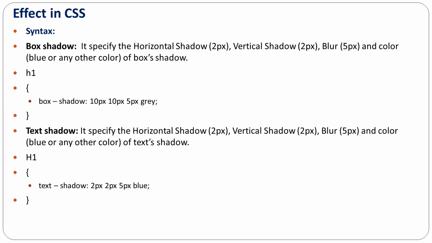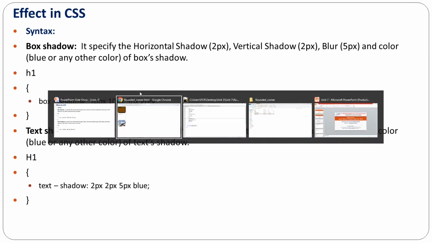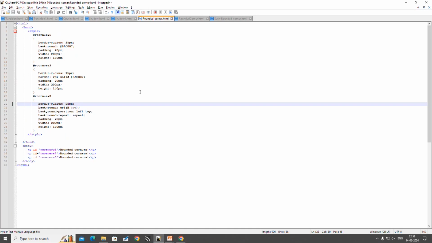Then for text shadow, it specifies the horizontal shadow, vertical shadow, blur and color again of the text shadow. The same kind of mechanism applies for both shadow effects, box shadow and text shadow. Let's have a look to understand the shadow effect practically.